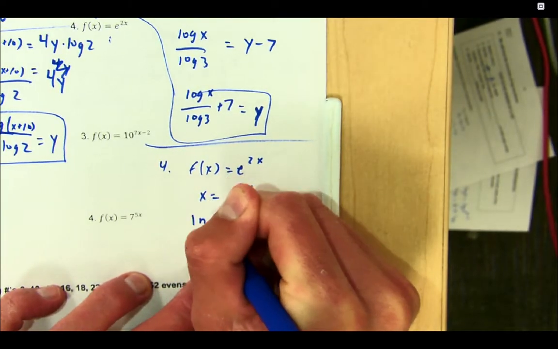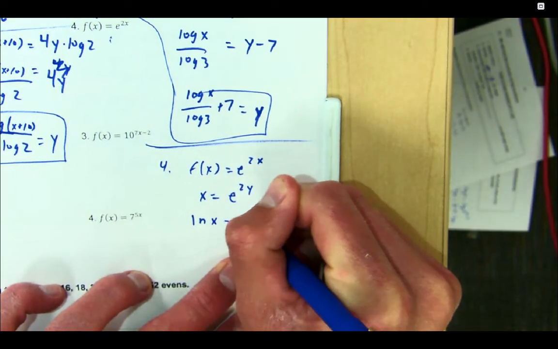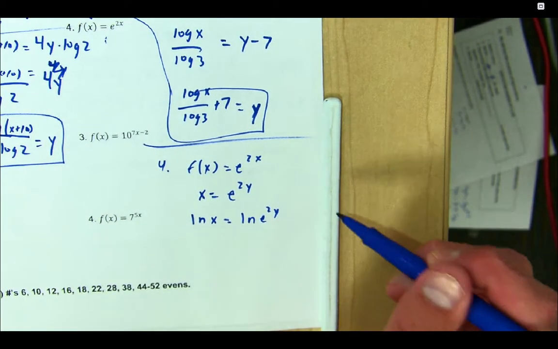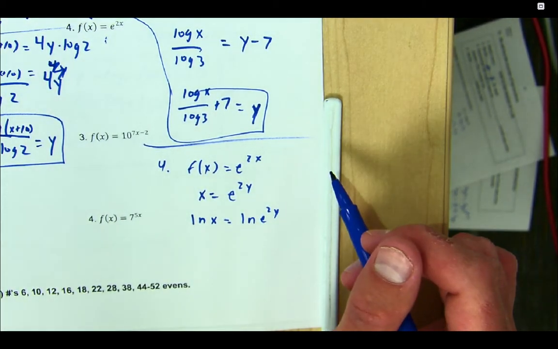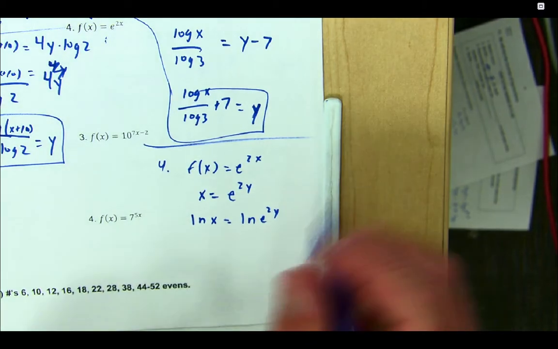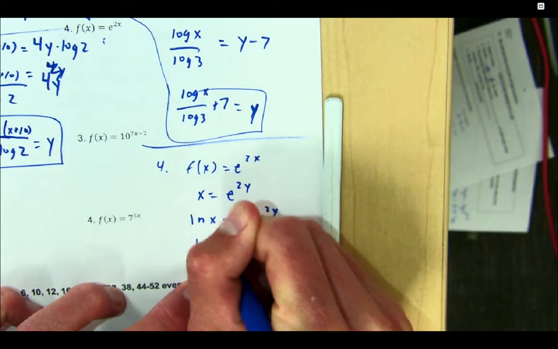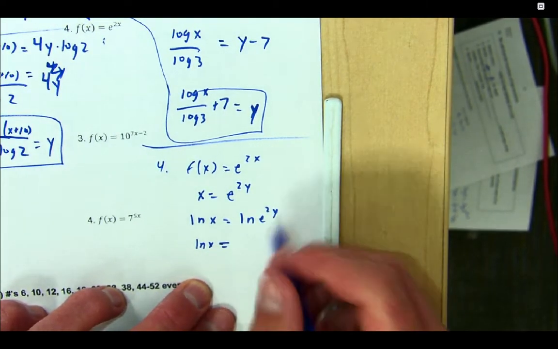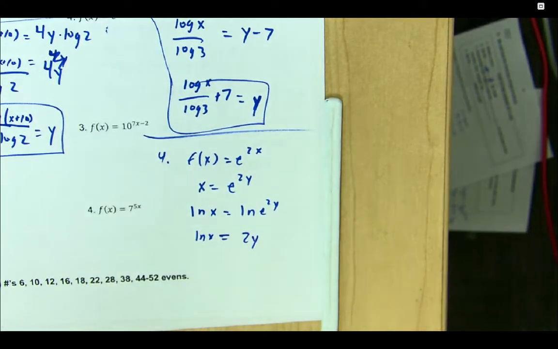We're actually going to take the natural log of each side. All right. So these kind of just cancel each other out, and you're just left with 2y.